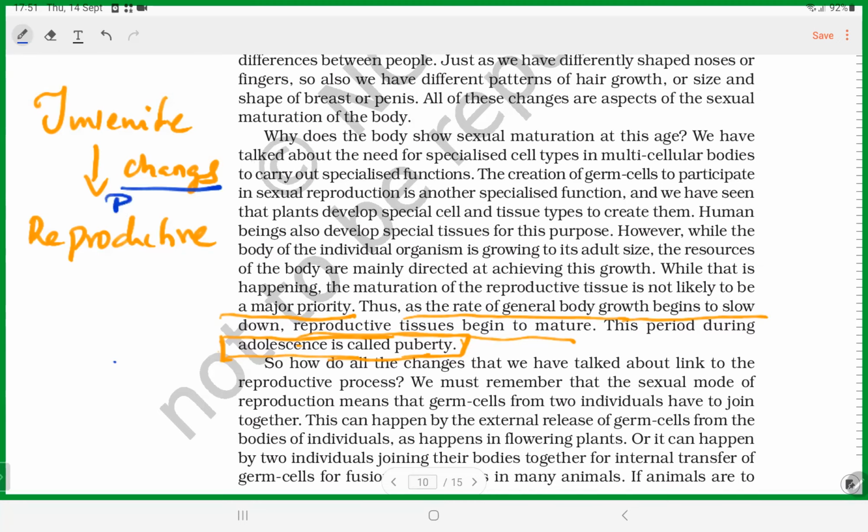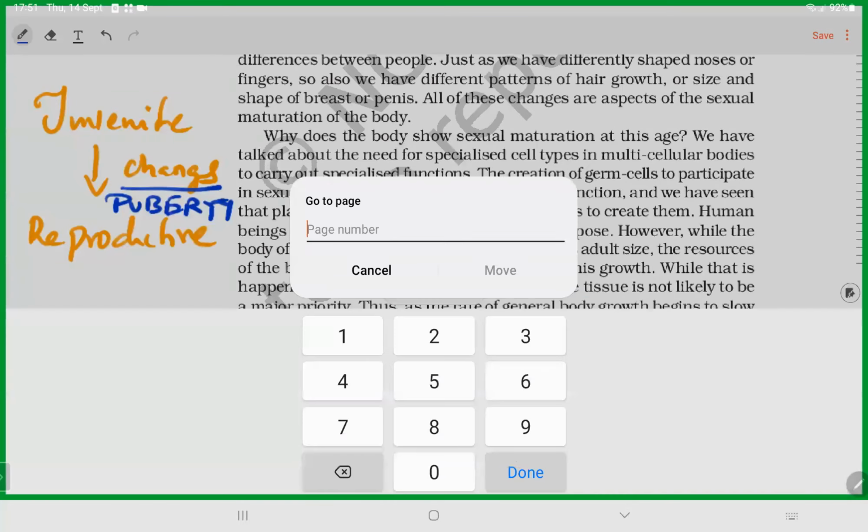Puberty. Can you understand? So all the changes make us transform from the juvenile phase to the puberty phase, the reproductive phase. Is it clear? Yes, sir.